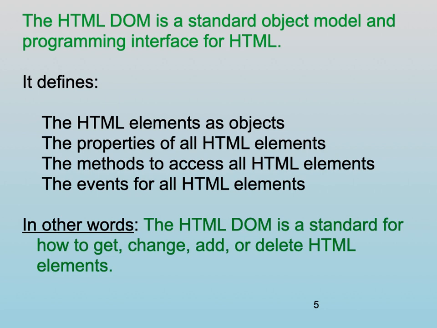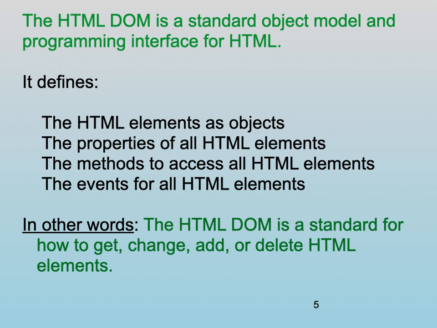The HTML DOM is a standard object model and programming interface for HTML. It defines HTML elements as objects, the properties of all HTML elements, the methods to access all HTML elements, and the events for all HTML elements.